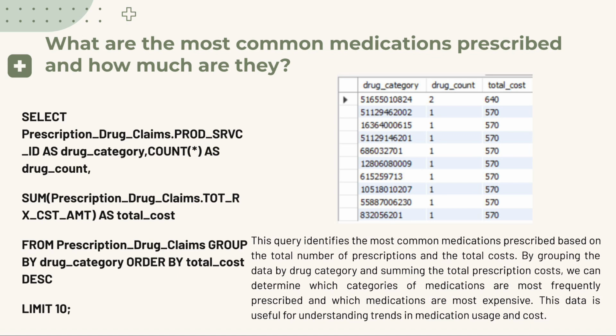The count function in this instance was used to count how many prescriptions fall under each drug category, giving us the total number of prescriptions for each particular category. The sum feature then totaled the total cost of all prescriptions within each category, which helped identify which drug categories were the most expensive. The data was then grouped by drug category.